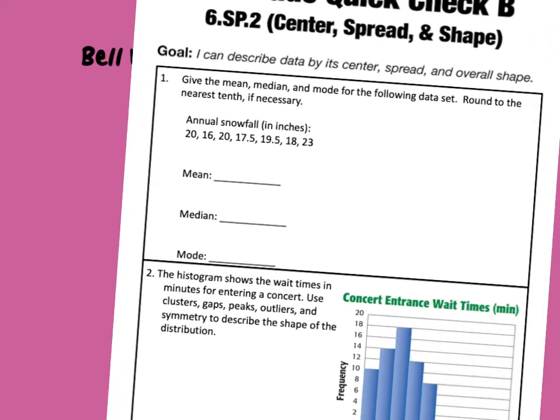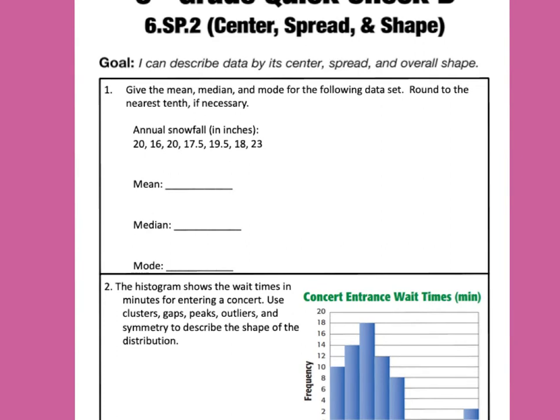Number one says give the mean, median, and mode for the following set of data. Again, it's a good practice to put these in order from least to greatest to start out with. And yes, we have some decimal numbers here, so it gets a little bit messy, but not really. So here we go. Let's do the first one, 16.